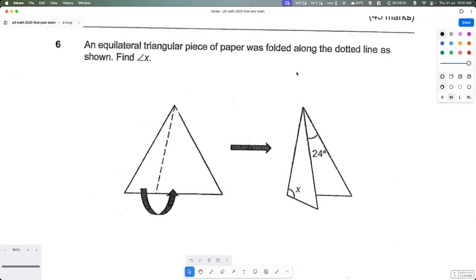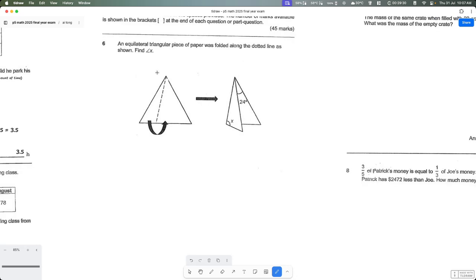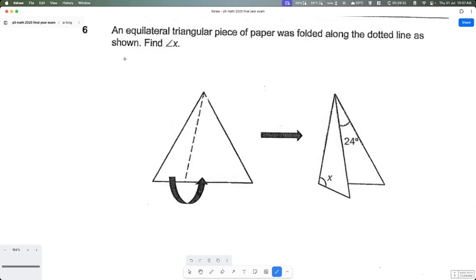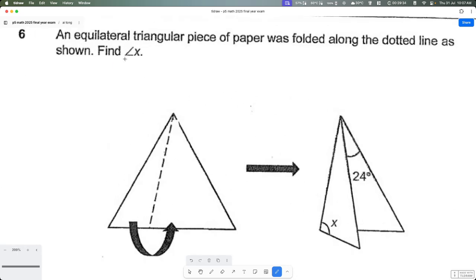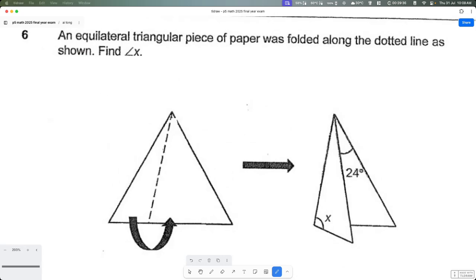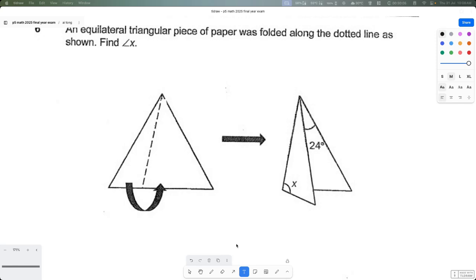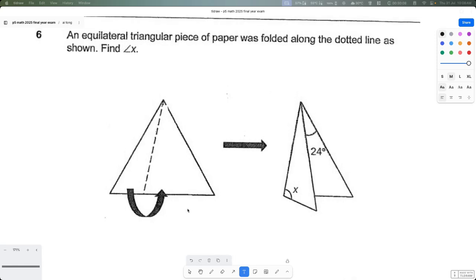All right. So in this case, an equilateral triangle piece of paper was folded along the dotted line. That's what you see over here. Okay, so find x. So what we're going to do is, we know that all of the angles are 60 degrees.